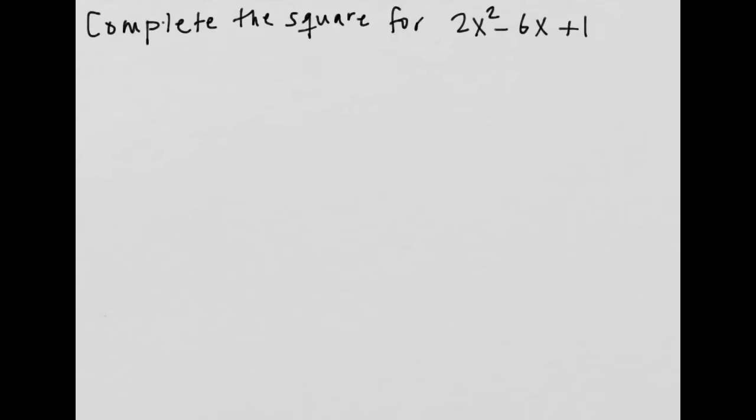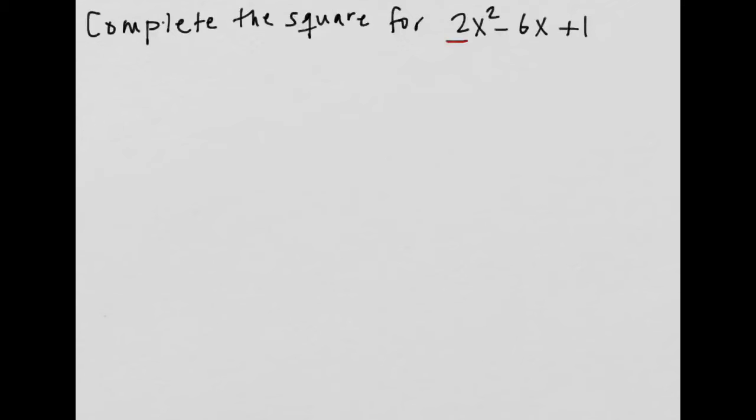Before doing the next example of spheres in R3, I want to do this example to remind you of how to complete the square of a quadratic expression. So let's go over this example. Complete the square for 2x squared minus 6x plus 1. To do that, we first make sure that the coefficient of x squared is 1. In this case, it's not. The coefficient of x squared is 2, so we factor it out.